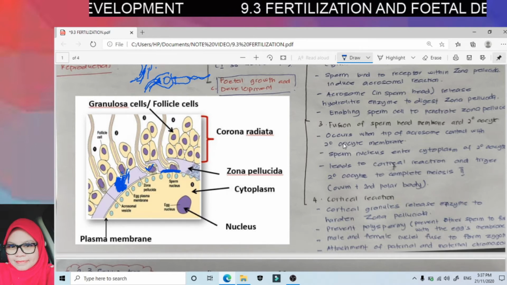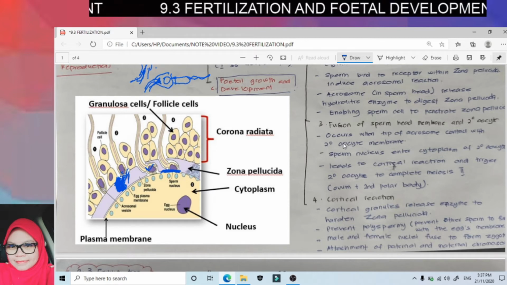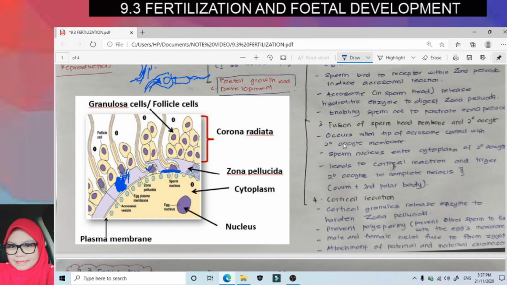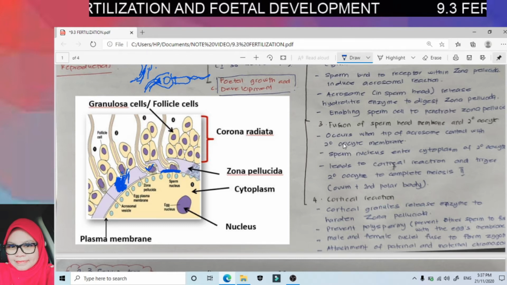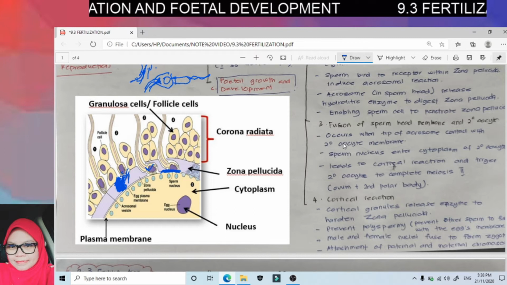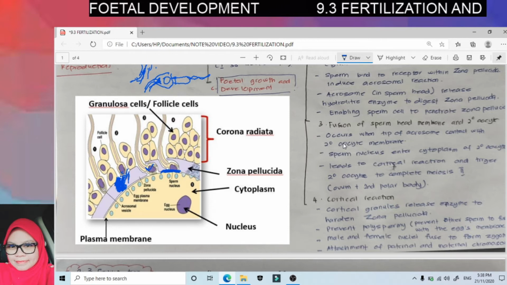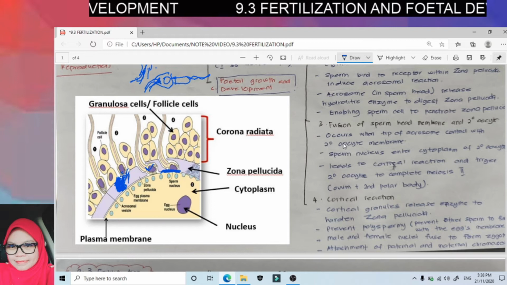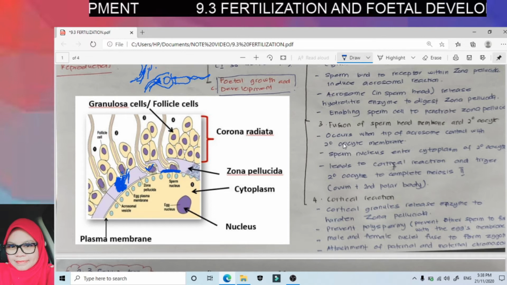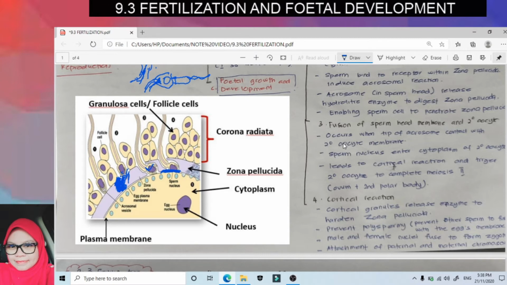The sperm nucleus enters the cytoplasm of the secondary oocyte. So, apa yang berlaku di sini? Okay, this leads to the cortical reaction and triggers the secondary oocyte to complete meiosis 2, which means it will become an ovum and produce the second polar body.